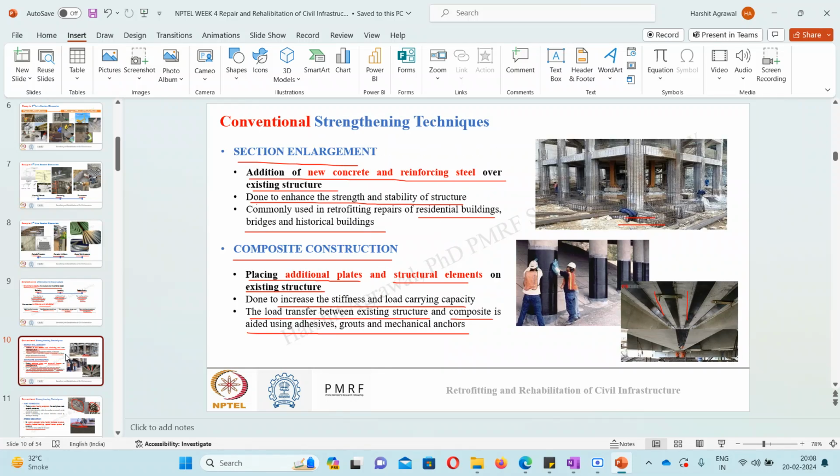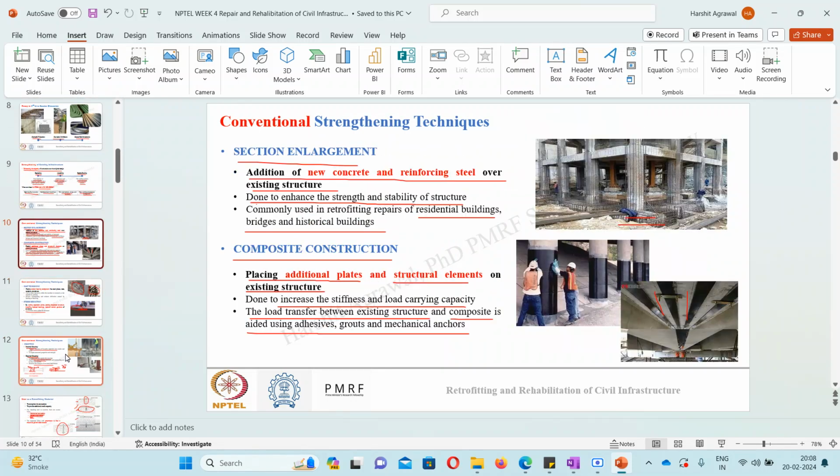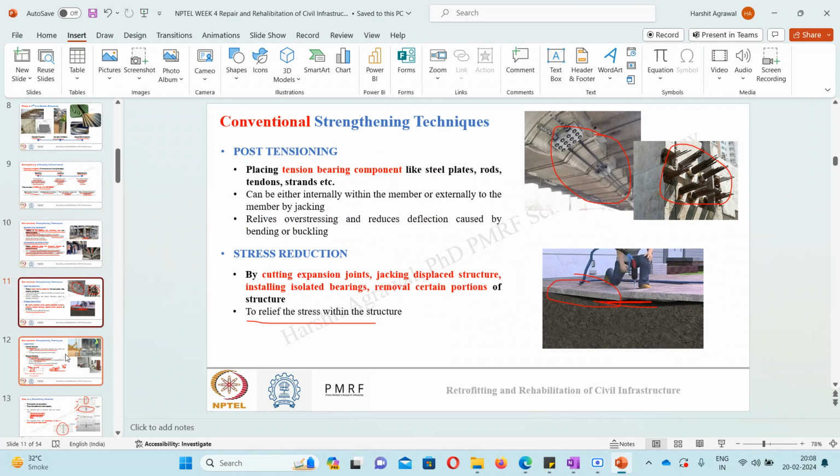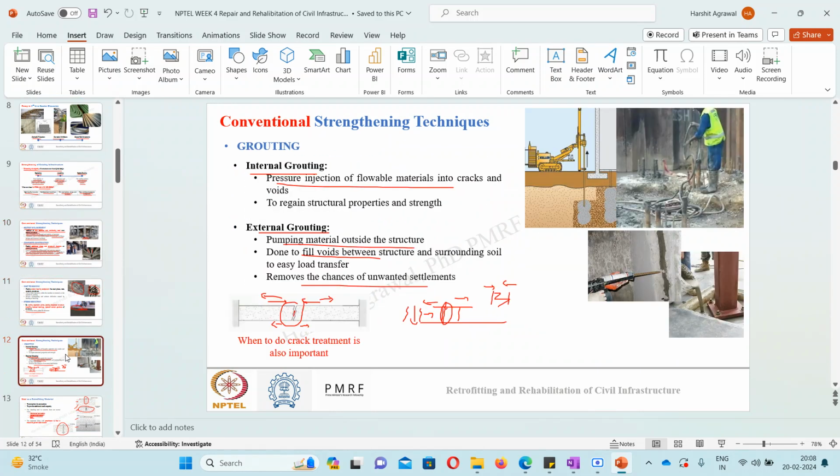We talked about conventional strengthening techniques: section enlargement, post tensioning, stress reduction, and composite construction. Then we talked about different strengthening techniques adopted for different members of a structure, starting with beam and girder. Then we went to columns, walls, and footings.